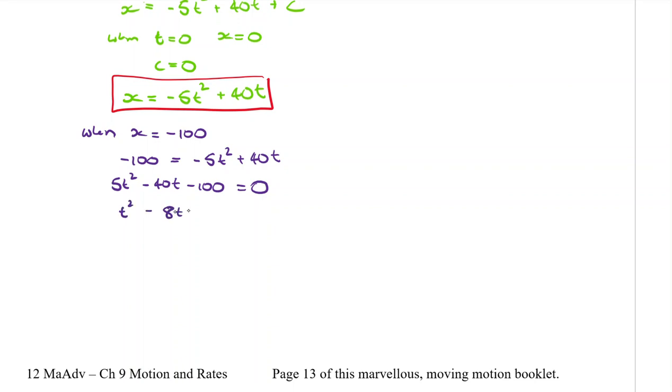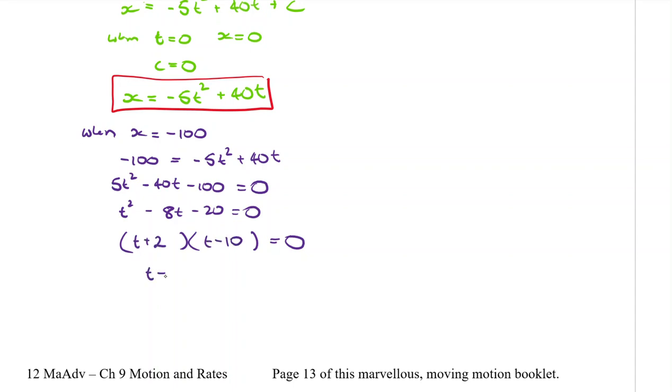So we minus 8t and then minus 20 equals 0. What should I do next? Factorize first and then null factor. Yes, factorize. What times to give negative 20 and adds to give a negative 8? Yes, positive 2, negative 10.